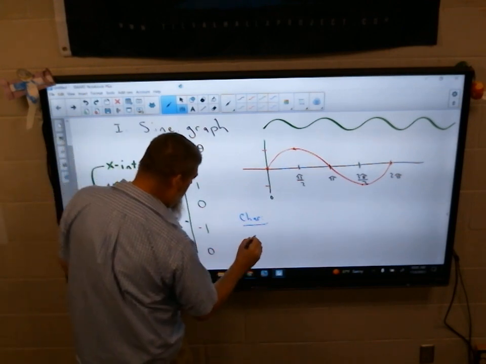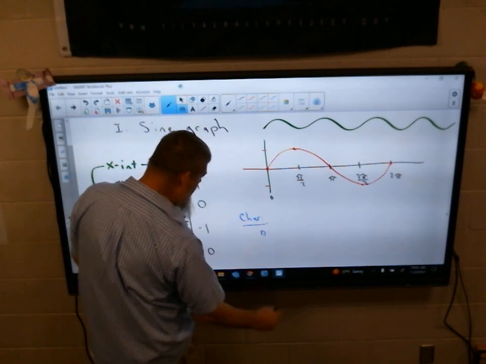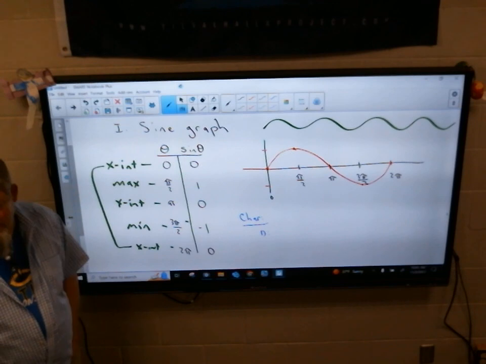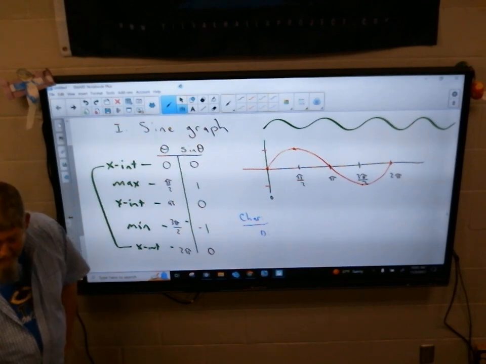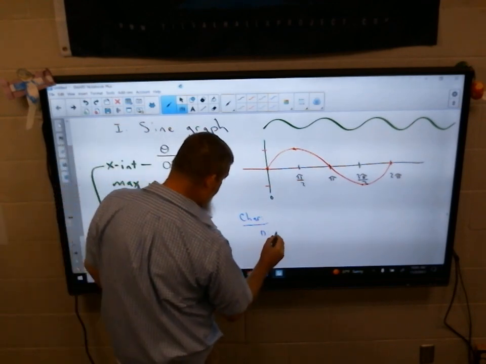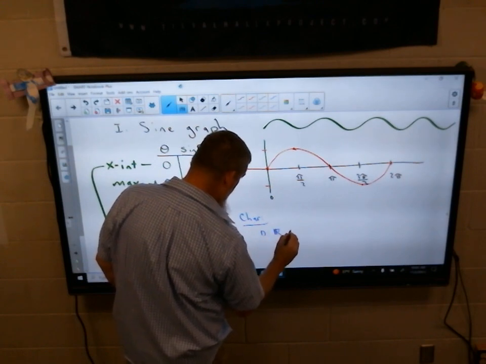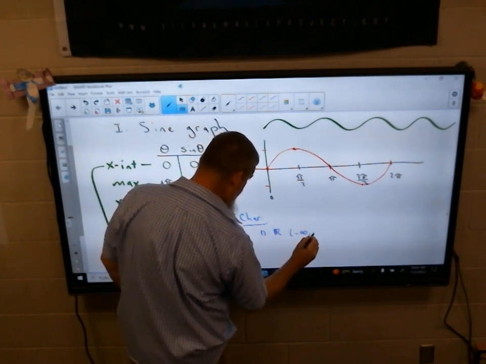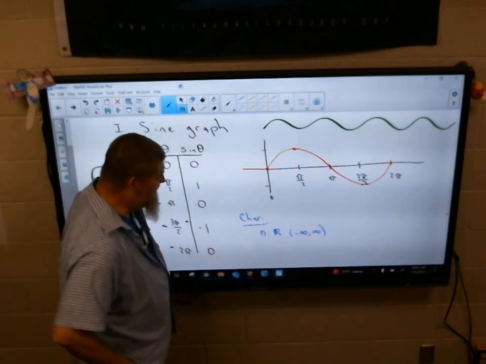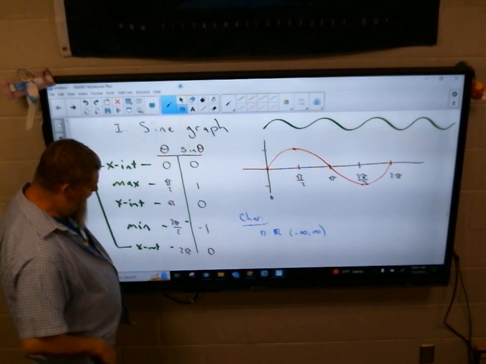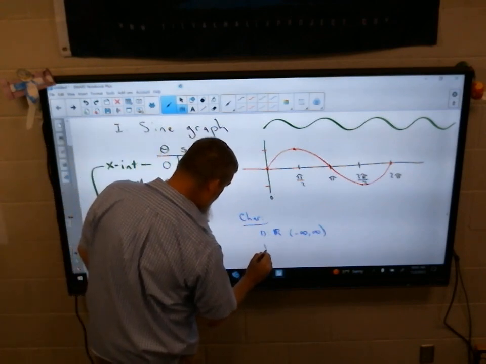For instance, what is its domain? You could say negative infinity to positive infinity, or we could say all reals. There's nothing you can't take the sine or cosine of. All right, so then another characteristic, what's its range?